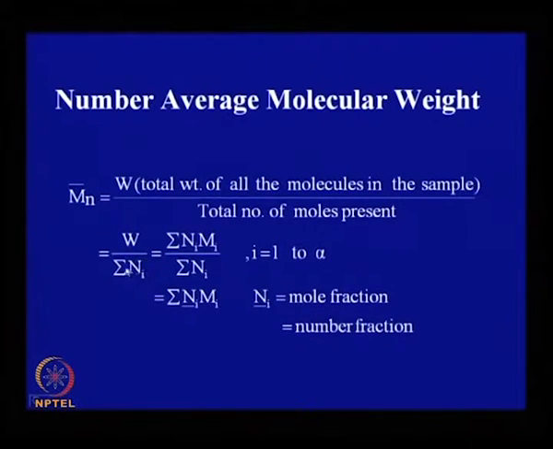In the denominator, you see the sum of Ni means the total number of moles present in the mass. So, this relation gives you the number average molecular weight, and here is a parameter known as the mole fraction or number fraction. This is a very simple thing.